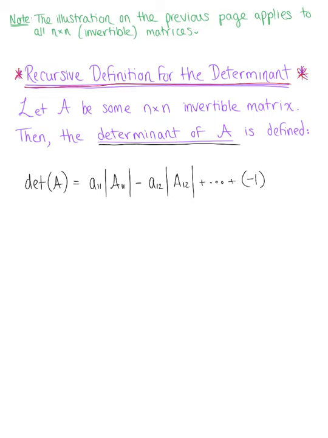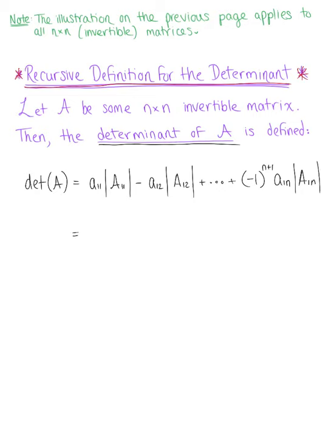So this is negative 1 raised to the n plus 1. That's where that alternating factor is coming from, multiplied by the entry in the first row, nth column, times the determinant of the submatrix in the first row, nth column.